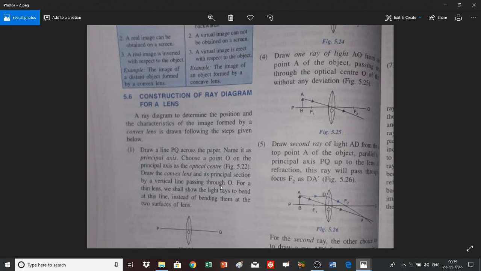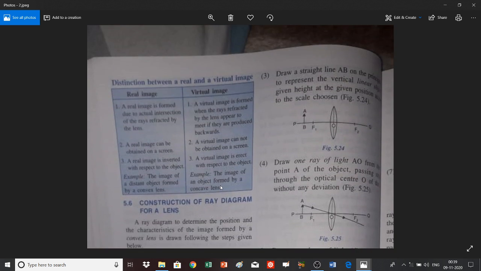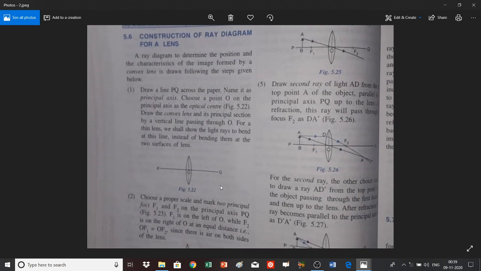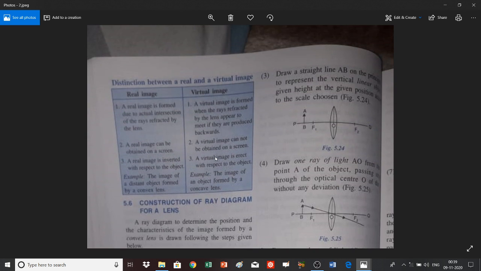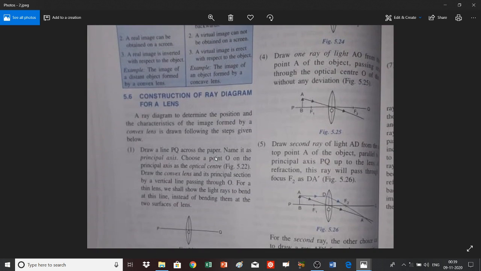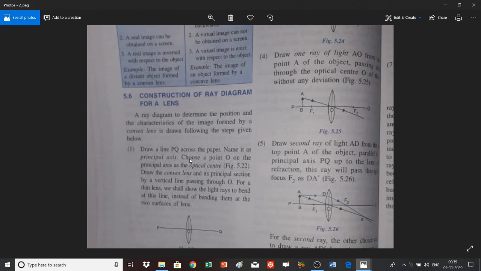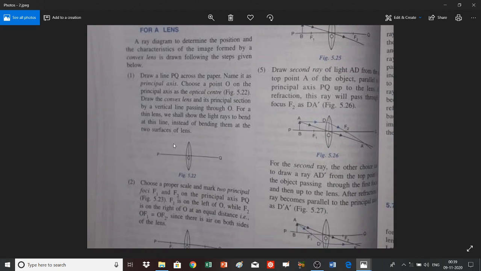Now, construction of a ray diagram for a lens. As we discussed earlier, you have to remember the first two ray diagrams. These two ray conventions are once again discussed in this section. First, draw the line PQ across the paper and name it the principal axis.